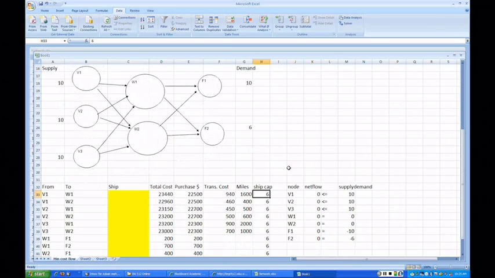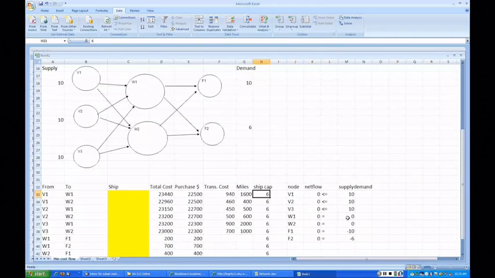Now in this problem we have a total supply of 30 units, total demand of 16, so that means we have 14 extra. Now as a management decision, if you want to get this 30 but use only 16 and hold back those 14 at these places, we don't know what is the best way, the problem would tell us, then we can put that as the supply or demand over here.